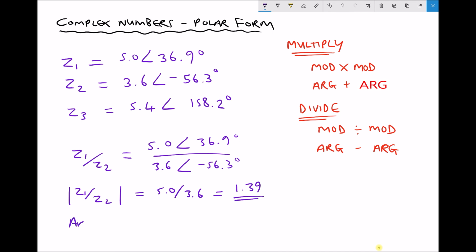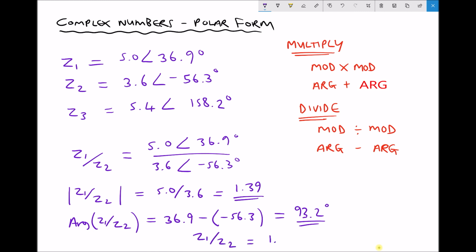And the argument of Z1 over Z2 is the number on the top, the 36.9, minus the number on the bottom, minus 56.3. Recall that that's just the same as adding 56.3, and that comes out to be 93.2. Therefore, Z1 over Z2 equals 1.39 at an angle of 93.2 degrees.